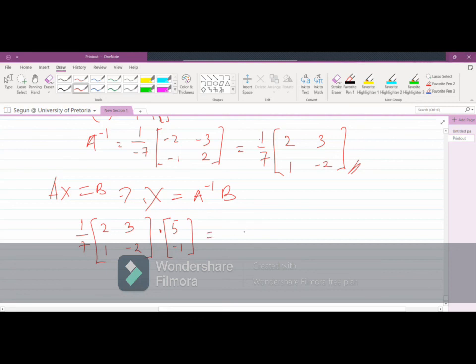So you can now multiply. We all know that multiplication in this case is row multiplied by column. So row multiplied by column, with 1 over 7 still outside. We have 2 multiplied by 5 plus... is it plus or minus?